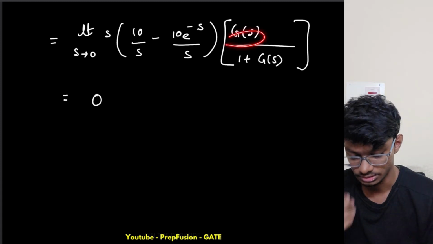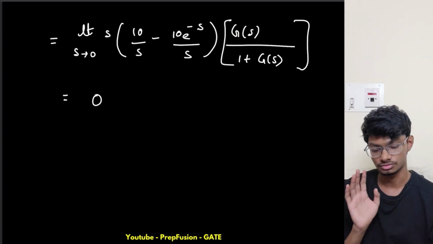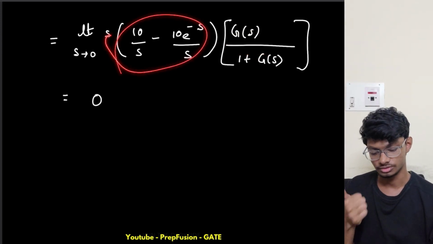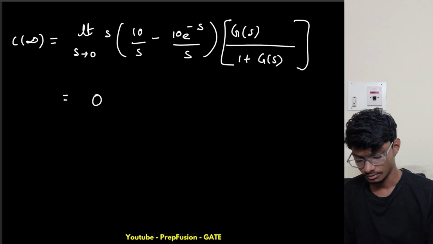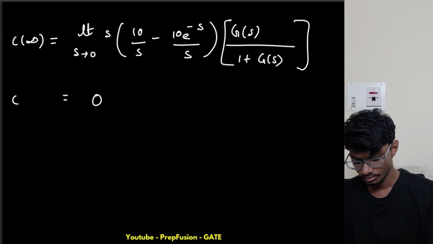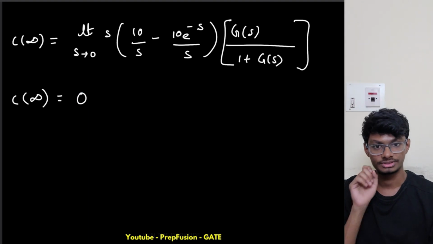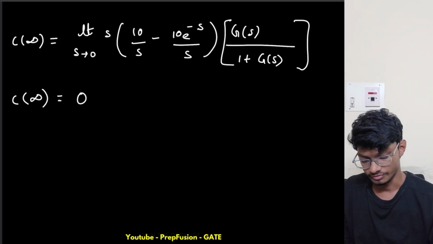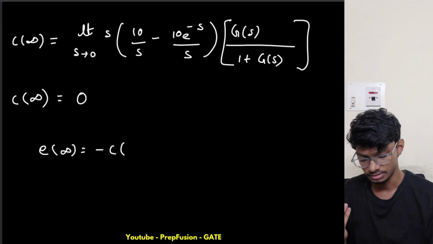This doesn't have any pole or zero at s equal to 0. So this is some finite value, and this is going to 0. So my c of infinity will be 0. Then obviously my e of infinity will also be 0, because it was simply equal to minus c of infinity.